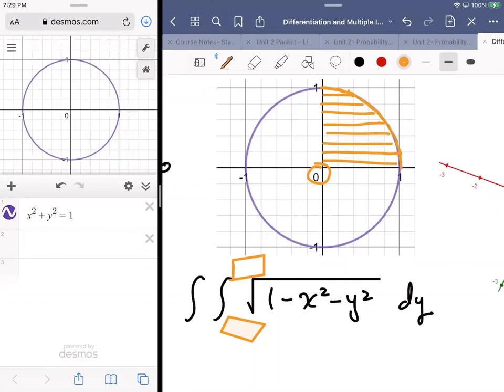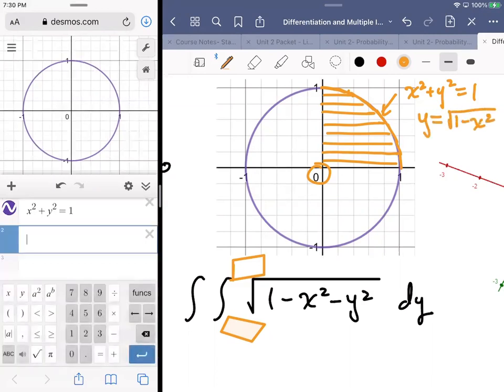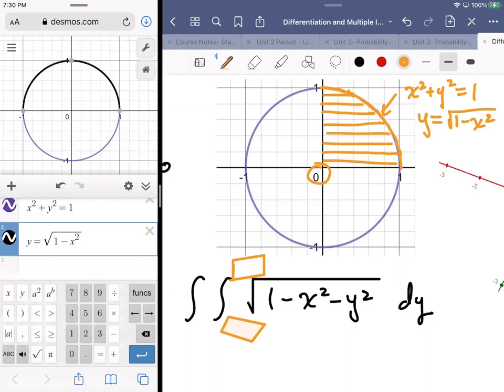Now that is in the form of x squared plus y squared equals 1, but it has to be solved for y specifically so that it just gives us that piece. It would be y equals the square root of 1 minus x squared. And we can verify that. That's going to give me the top half of the circle.